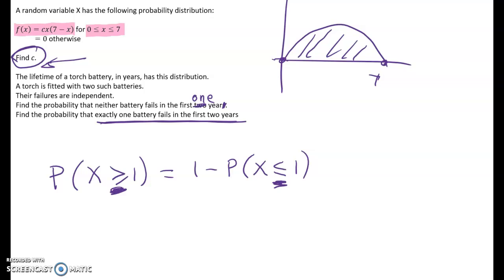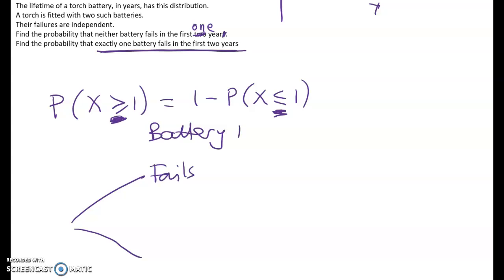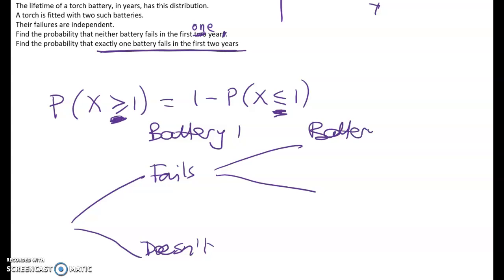So if we want the probability that we've got 2 batteries and one fails in the first 1 year, we can think about this as a tree diagram. Here's battery 1, and it either fails in that first year or it doesn't. And here's battery 2, and it either fails or it doesn't.